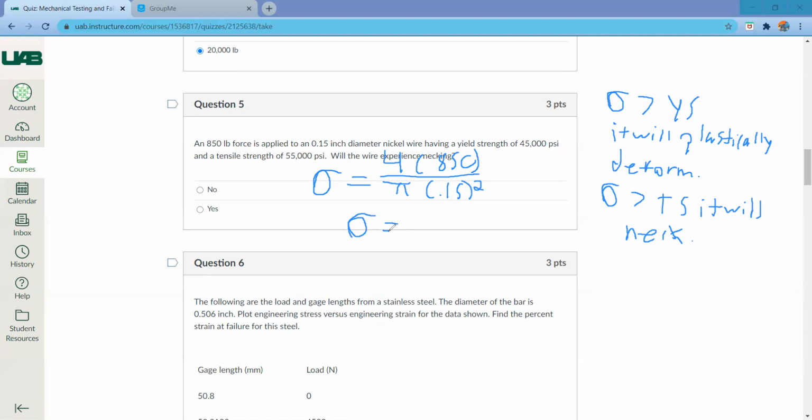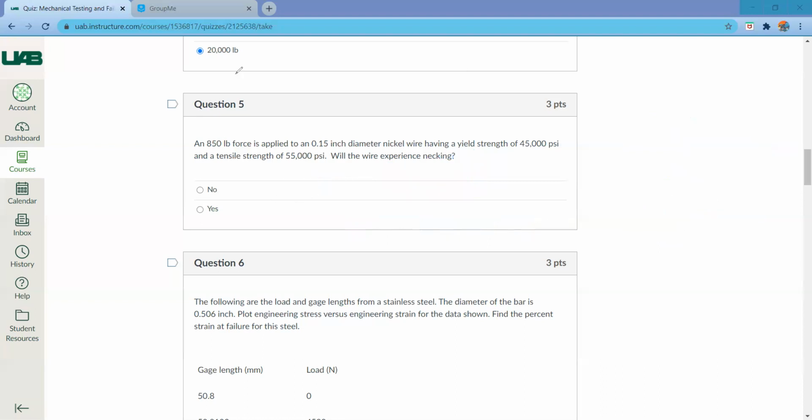One moment, calculator issues. Stress is going to be equal to 48,100 psi. This is greater than the yield strength, which means it will plastically deform, but less than the tensile strength, which means it will not neck. So will it neck? No.